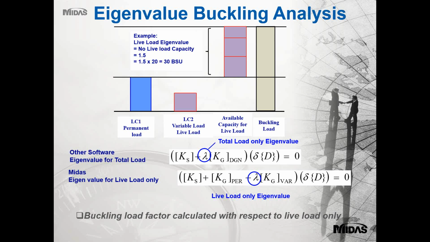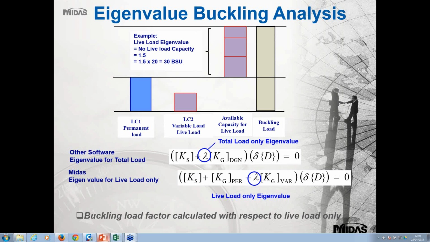But that doesn't really solve the problem, because rating is just the comparison with the live load effect. So in Midas, which is the software we will be using for the buckling analysis today, we can separate out the effects and directly get the rating or the eigenvalue with respect to only the live loads.